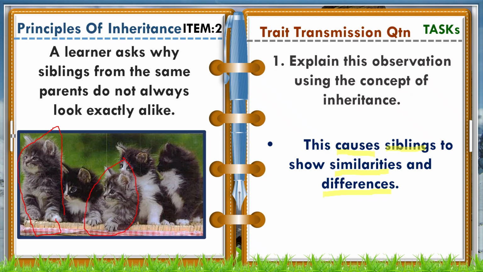But again, when you look at this one and this one, maybe also this one, they look alike. So there are some that are looking similar and the others are looking different from the others. This is brought about by different gene combinations.